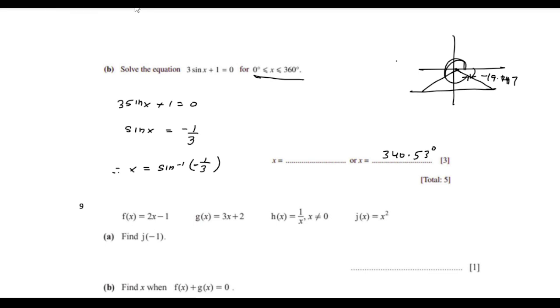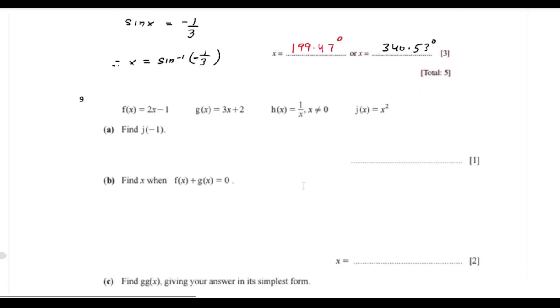Let me extend it in this particular direction. That will help me. So this is 19.47. So here this angle is also going to be 19.47, and then from here to this particular point is simply 180 plus 19.47. So 180 plus 19.47 will be 199.47 degrees. I think we will discuss this problem in the class.